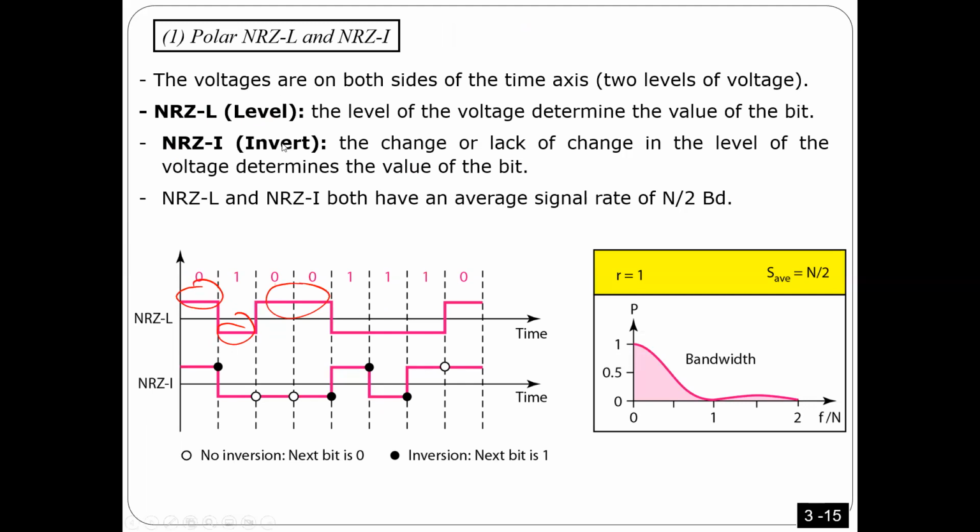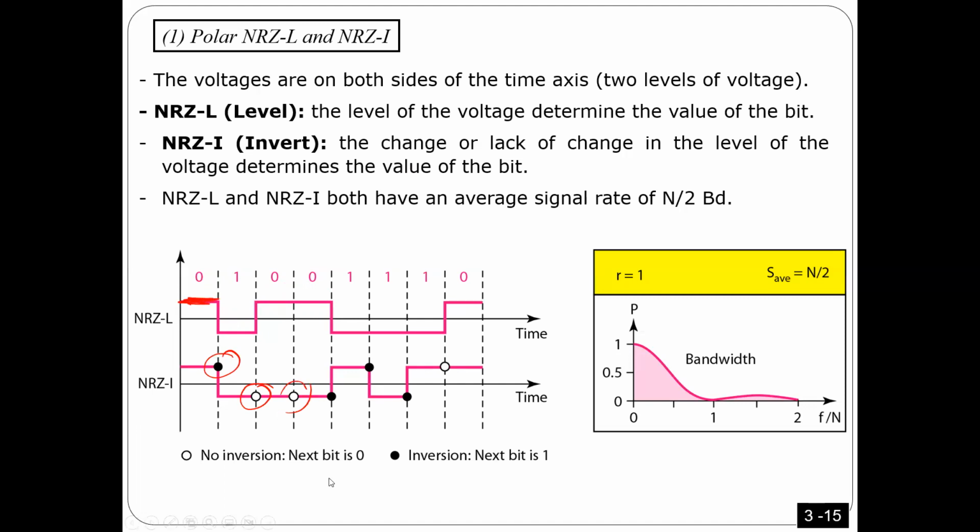The value of the level tells me what the binary information is. The other one is called invert. In the case of invert, the binary information is stored in the transition. Is there a transition or not? It's not stored in the voltage level.